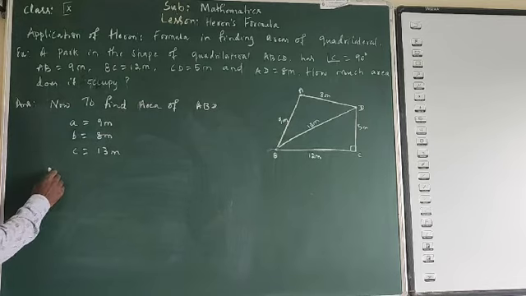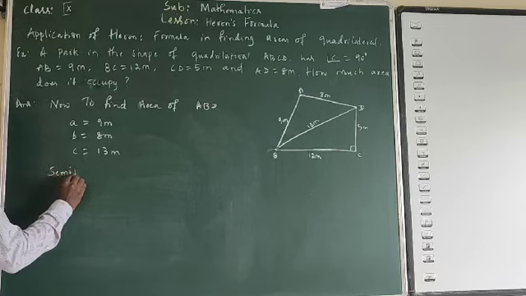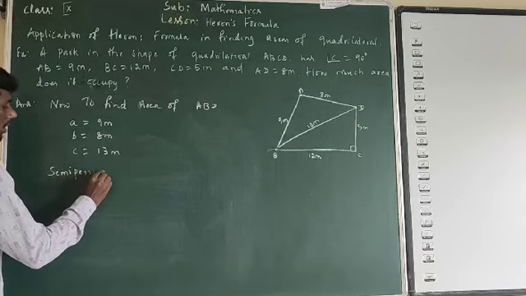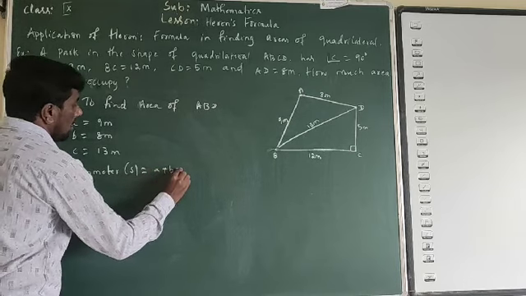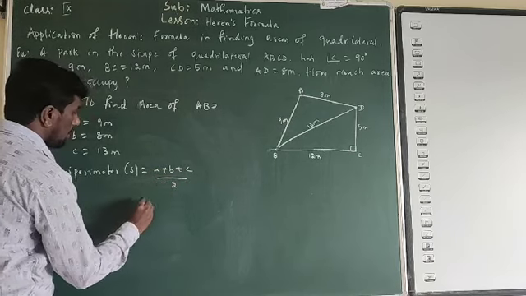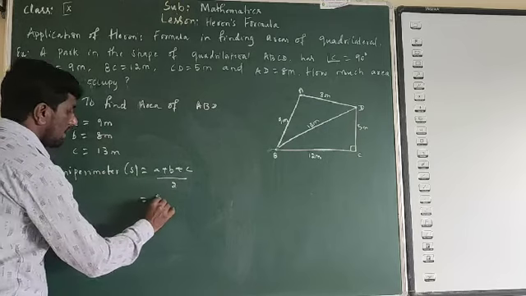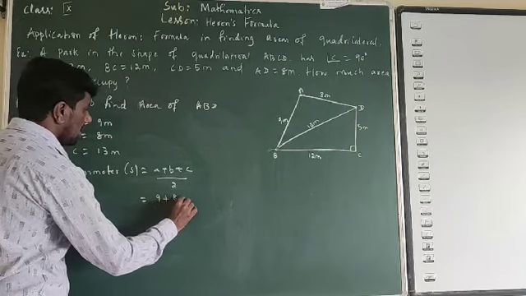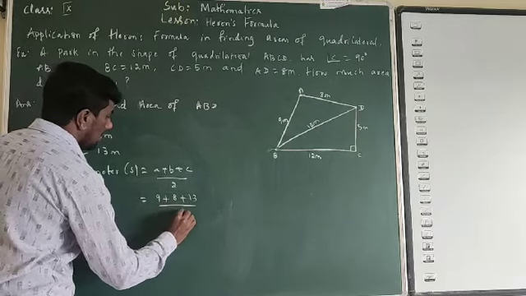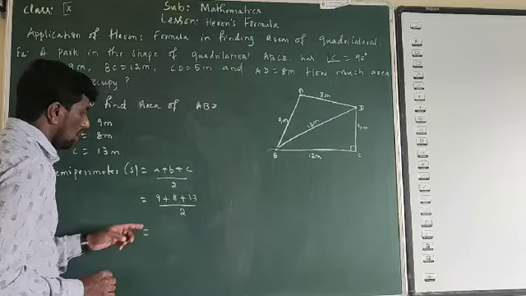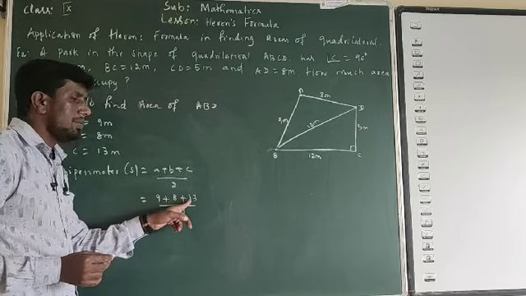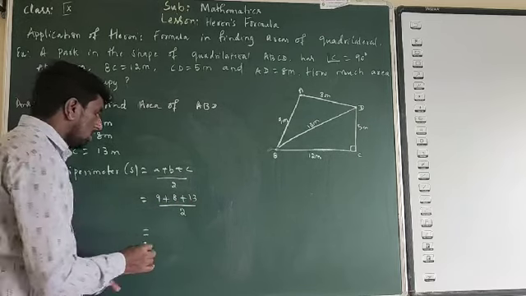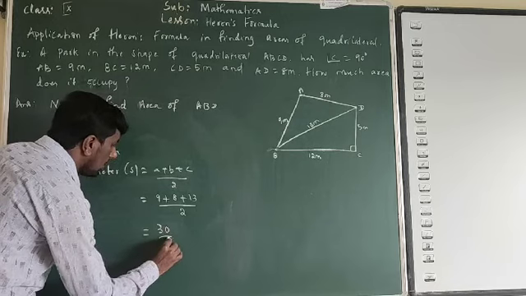So we find out the s. s is equal to a plus b plus c divided by 2. What is a plus b plus c? a is 9, b is 8, c is 13, divided by 2. So 9 plus 8, 17, plus 13, 30, divided by 2.